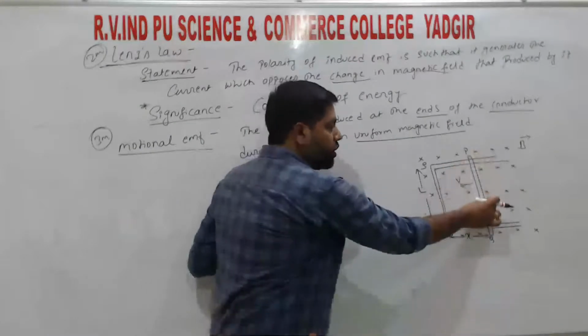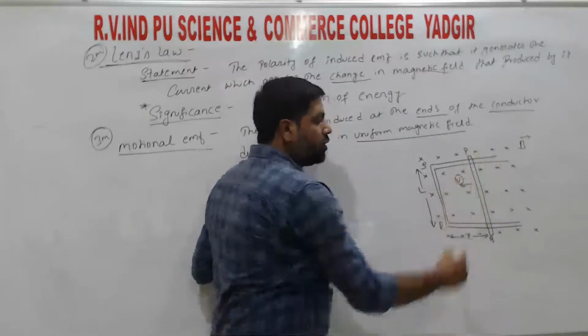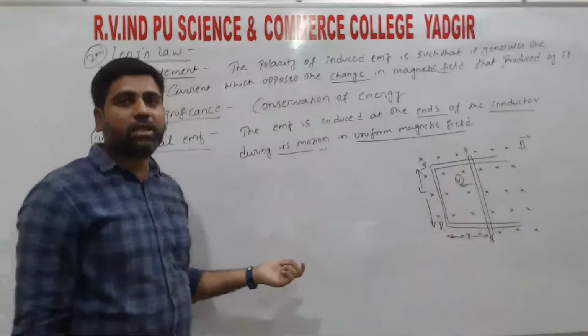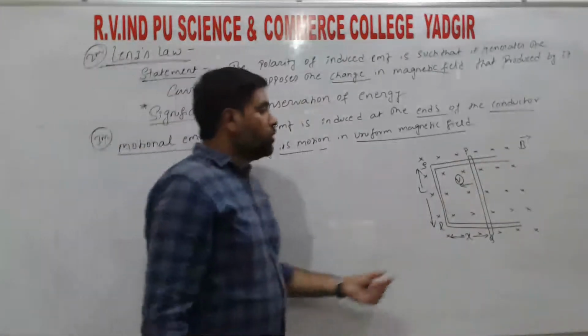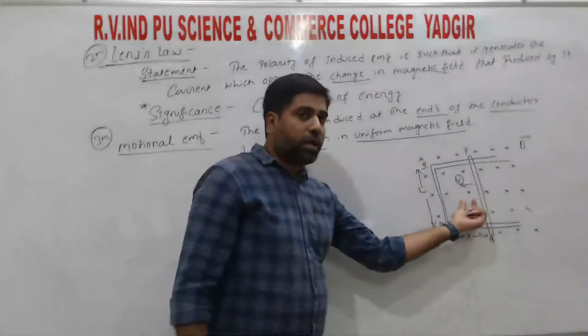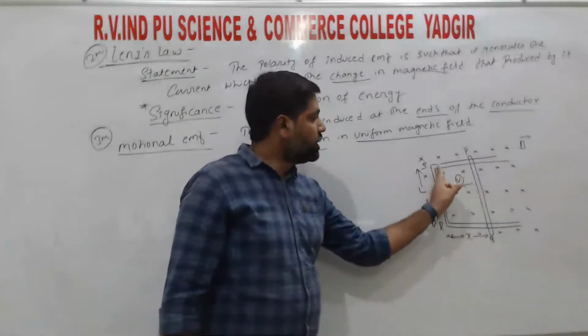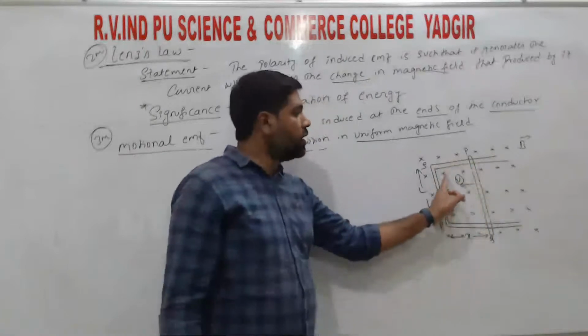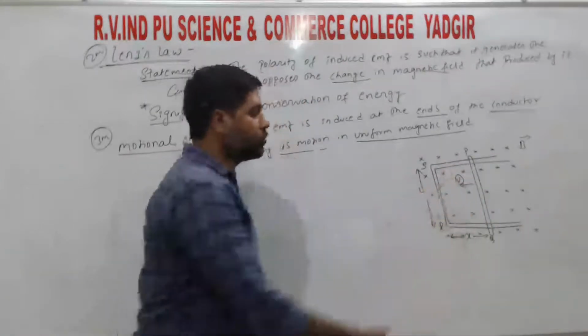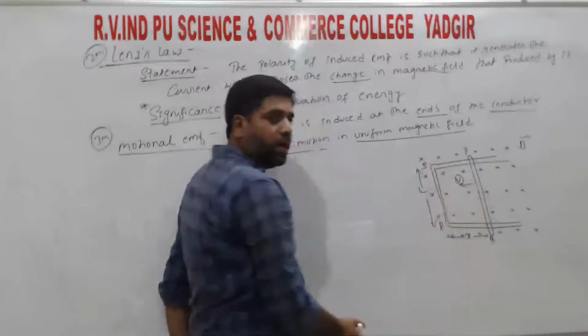So the arm PQ is moving with velocity v. So velocity is change in displacement with respect to time, right? So now, as the conductor is moving in the magnetic field, this rectangular loop has magnetic flux. So we have the area, we have the magnetic field, right?